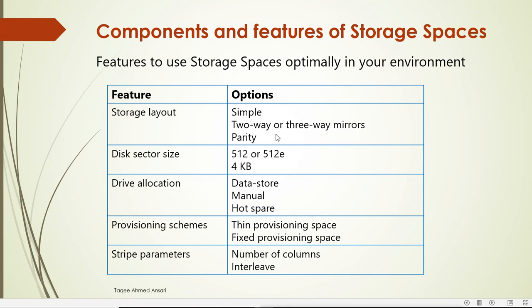Then disk sector size can be 512 or 512e, or we can say 4 KB. The drive allocation can be data store, manual or hot spare. Then we have provisioning schemes, thin provision or fixed provision. Then stripe parameters are also there, like number of columns and interleave.